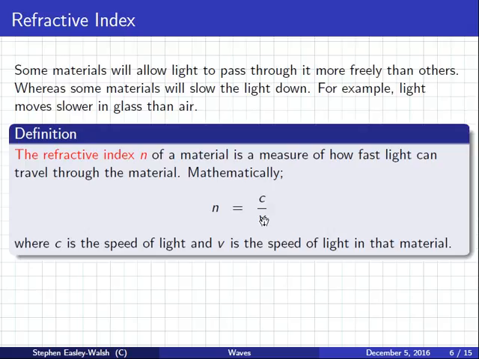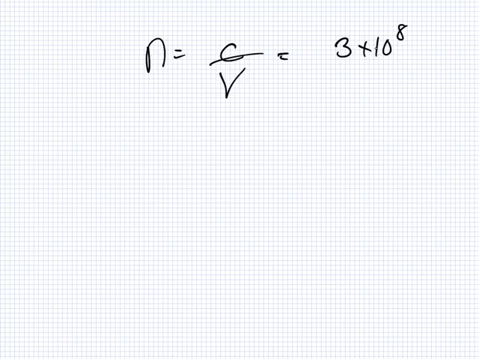So is it going to be bigger or less than 1? More than 1. So look, for example, maybe the c is 3 times 10 to the 8 and the v is only 2.99 times 10 to the 8. Is that possible? Yes, it's slowed down slightly.